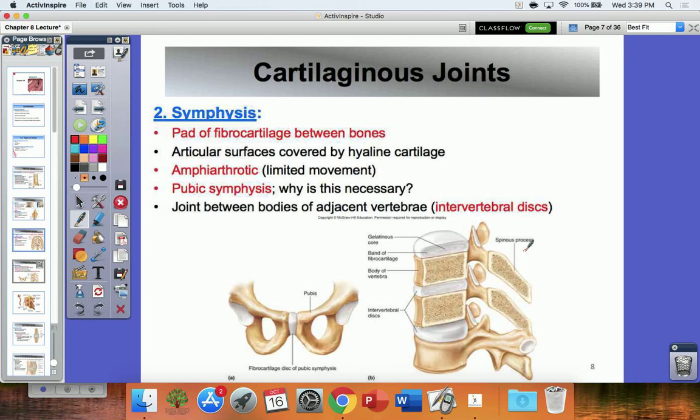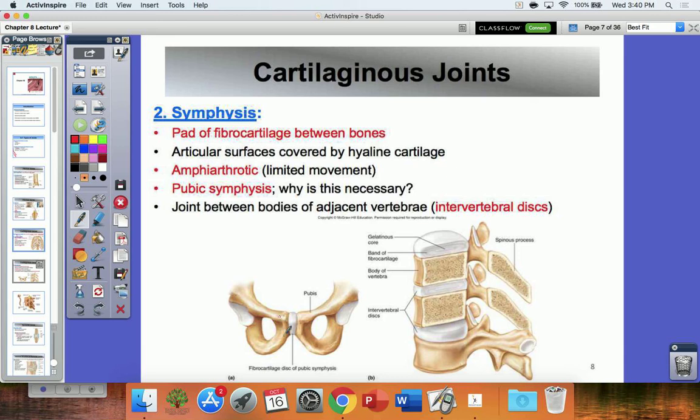Our second type of cartilaginous joint is a symphysis. We may have mentioned symphysis before when we were talking about the parts of the pelvic bone. If y'all remember, we have the ilium, the pubis, and the ischium.